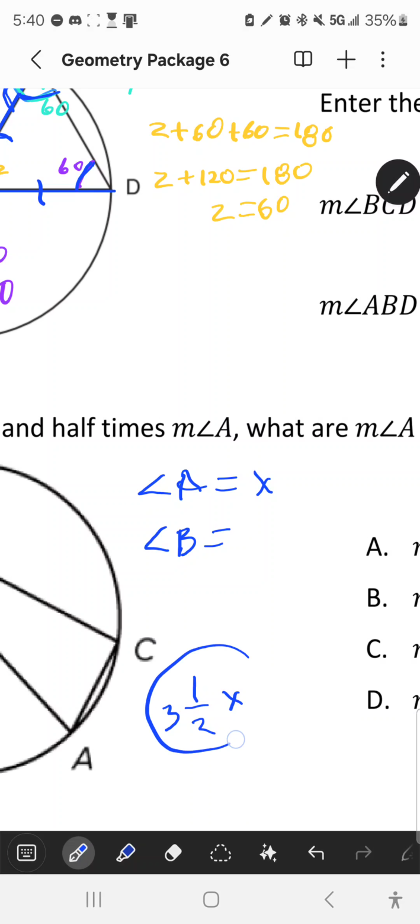When I write this as a fraction, 2 times 3 is 6, plus 1 is 7, so it will be 7 over 2 x. Or you can also say 3.5, so 3.5x.